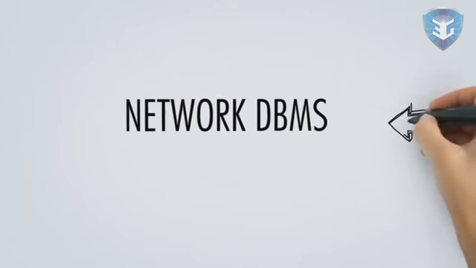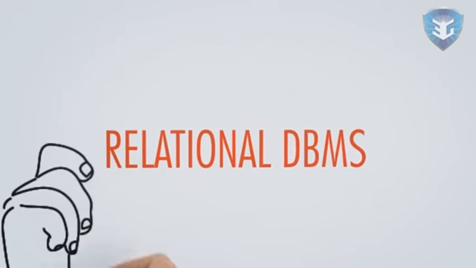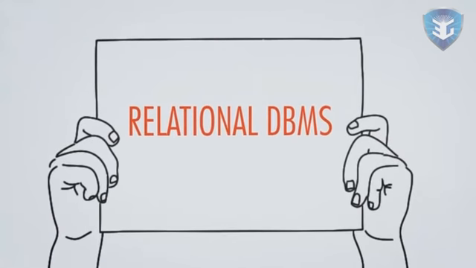Network DBMS. This type of DBMS supports many-to-many relationships. This usually results in complex database structures. RDM Server is an example of a database management system that implements the network model. Relational DBMS. This type of DBMS defines database relationships in forms of tables, also known as relations.